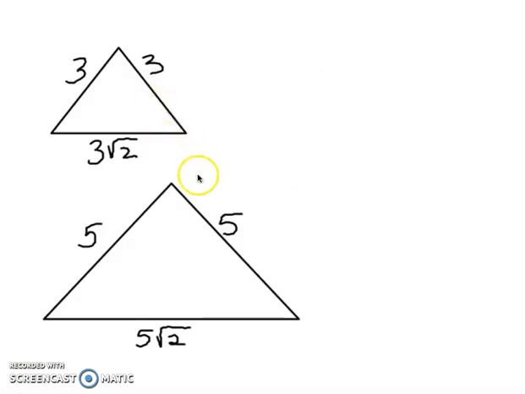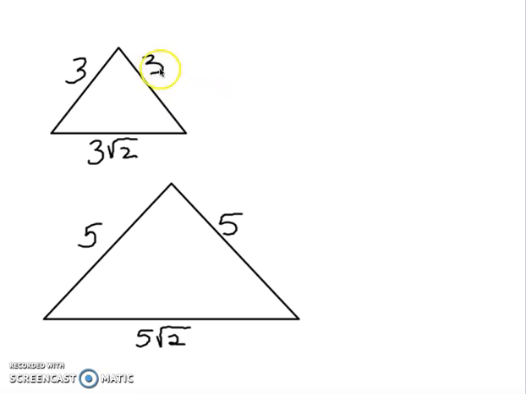In this next example, we have to determine if these two triangles are similar. So we can see here we've got all three of our sides. So we have to determine if these corresponding sides would actually be similar. So we have to set them up to try to solve for that.